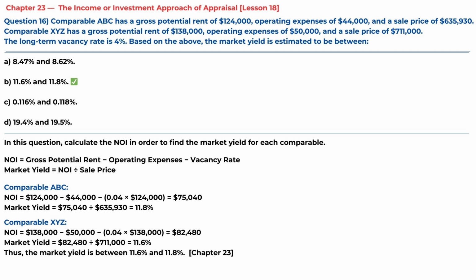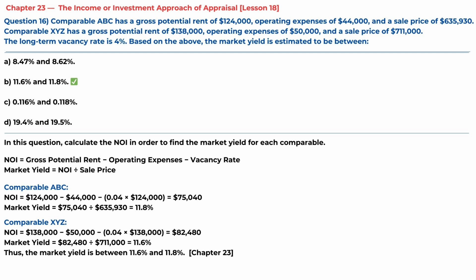The long-term vacancy rate is 4%. Based on the above, the market yield is estimated to be between. In this question, calculate the net operating income in order to find the market yield for each comparable. Net operating income equals gross potential rent minus operating expenses minus vacancy loss. Market yield equals net operating income divided by sale price.